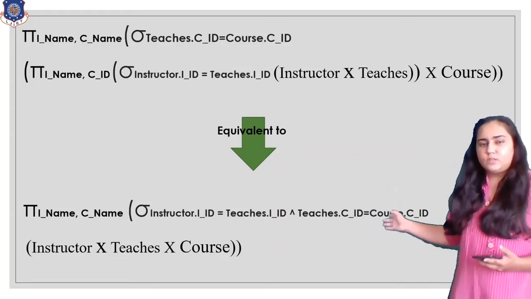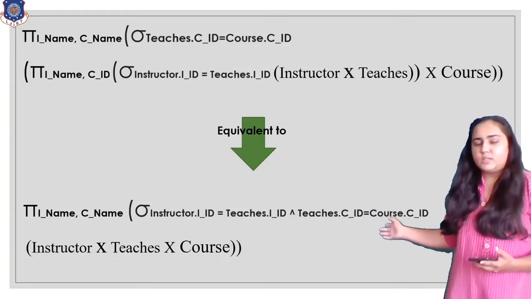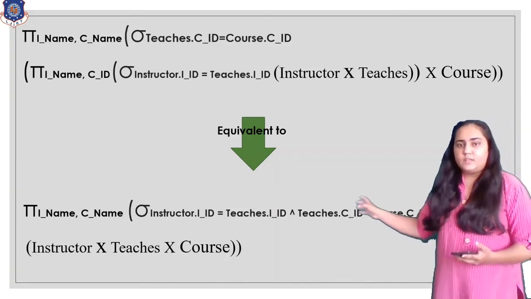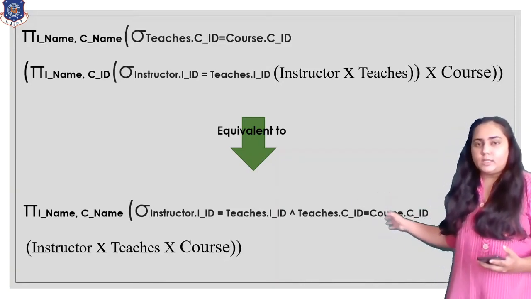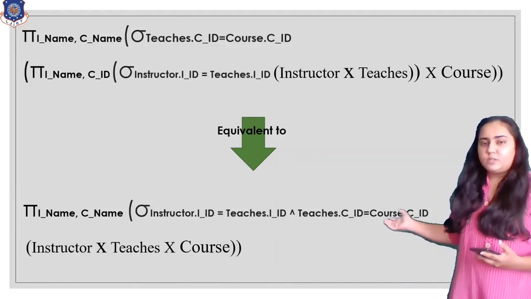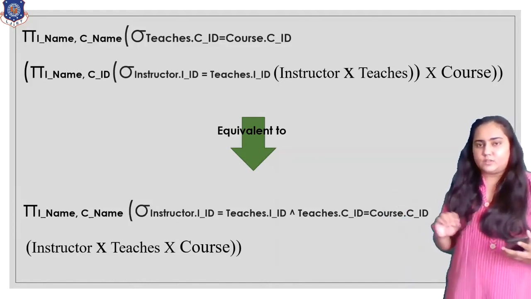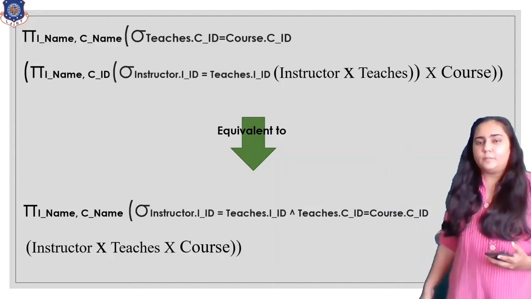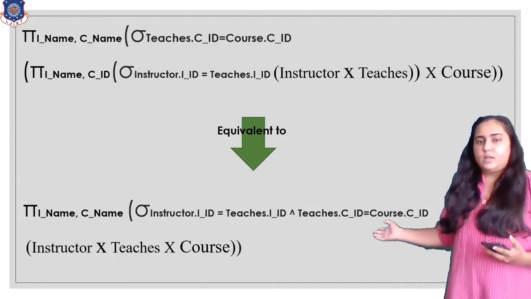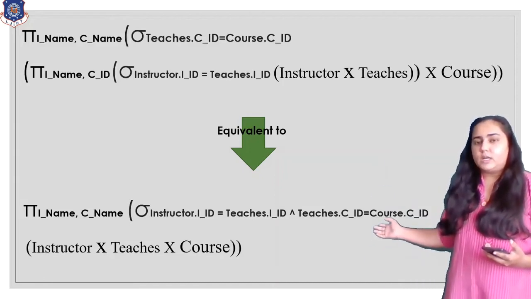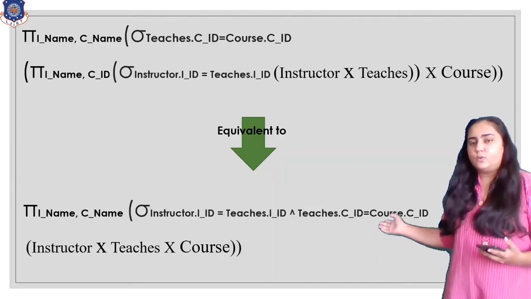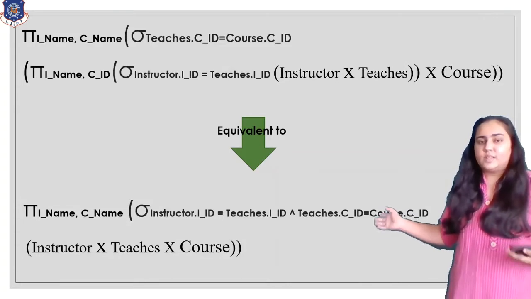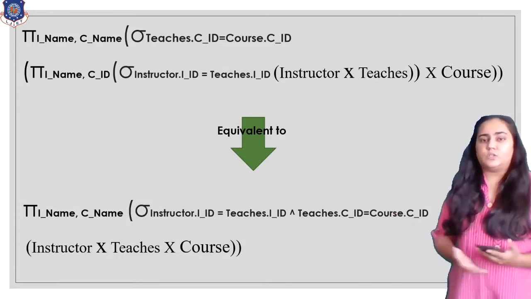And you can notice here how the conditions have been combined. You can see that instructor ID and ID from teaches is compared, so it is matched. And the second condition which we applied is also added here. And here I have written teaches C underscore ID equal to course C underscore ID. And that would take care of all the conditions that we need.